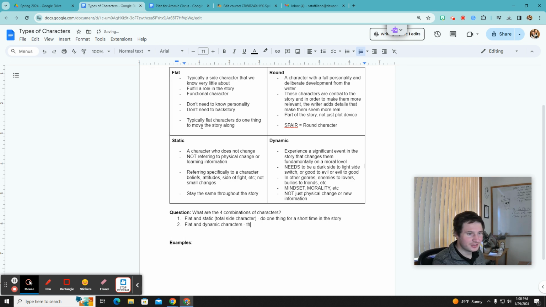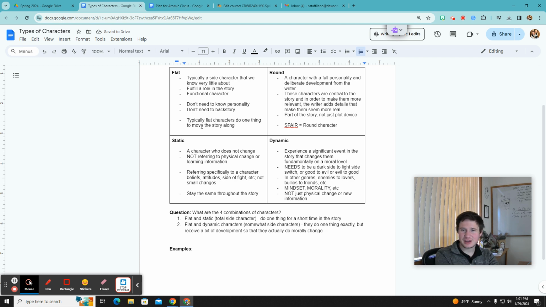These characters are somewhat side characters. They do one thing exactly. They still are just doing one thing, but receive a bit of development so that they actually do morally change.